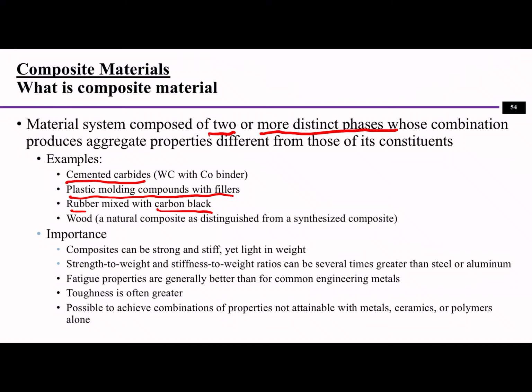It also has other structures. The reason people use composite materials is that sometimes we want polymers or plastics or metals or ceramics to perform in extreme or higher demand environments.